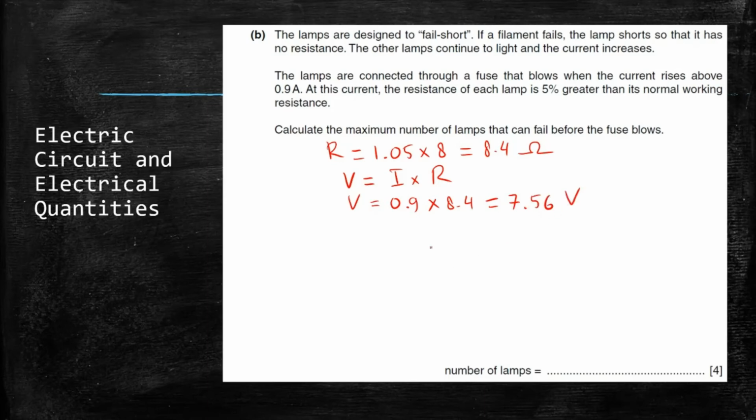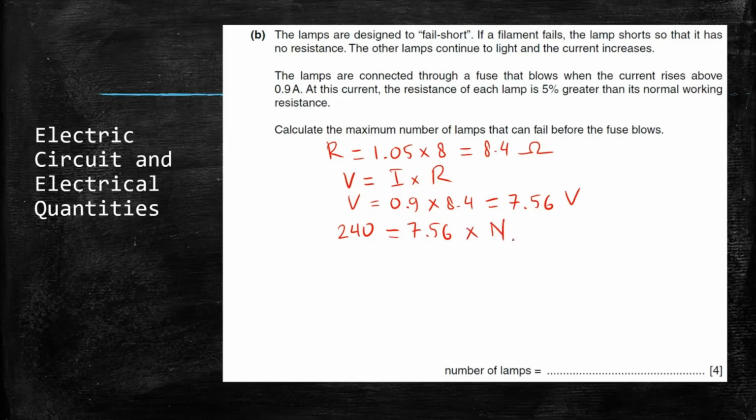Now let's calculate how many lamps can be lit by the 240 volt supply. The total supply, 240, equals the voltage consumed by each lamp, which is 7.56, times the number of lamps which can be lit.